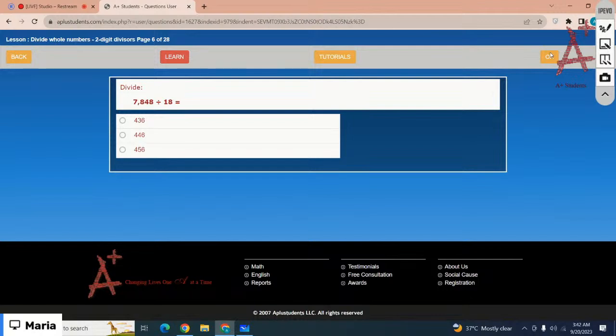I am checking the answer using a calculator. 7848 divided by 18 would be 436. Option number 1 is the correct option, right?